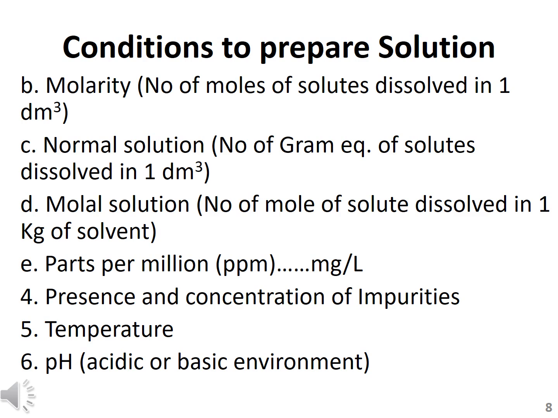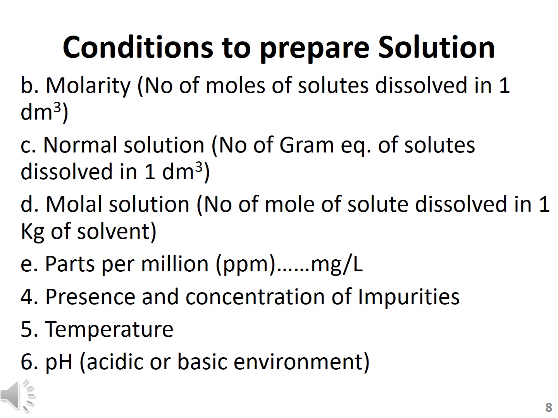In addition to the concentration of the solution, we will be very careful about the presence and the concentration of the impurities in the reaction mixture, in the solvents, and in the precipitating reagent. And the next very important factor for gravimetric analysis is the temperature, because temperature has a significant impact on the reactivity of the gravimetric analysis.